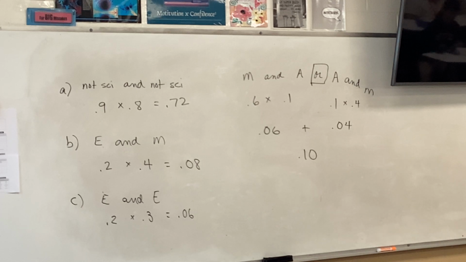How did Jack get 240? Multiplied all of them together. Options times options times options. Very good.